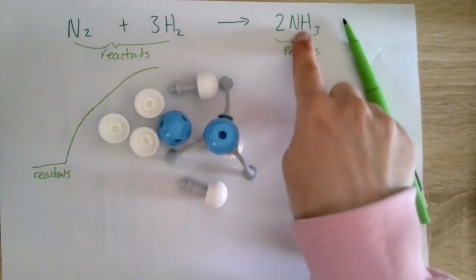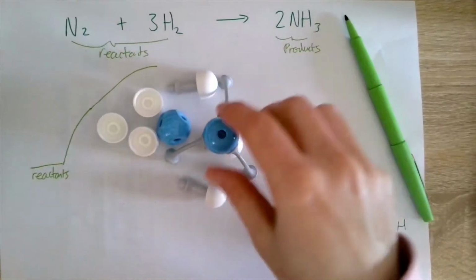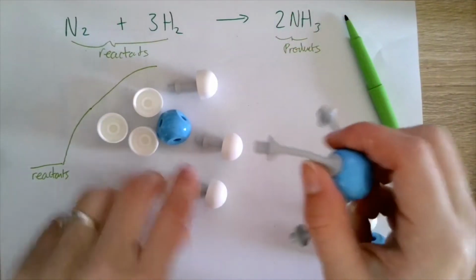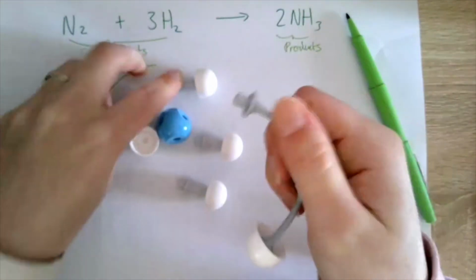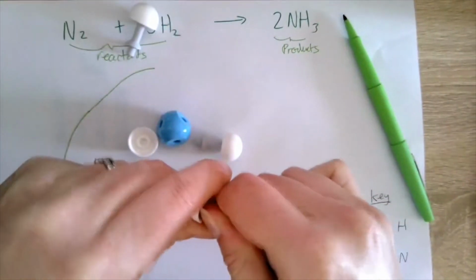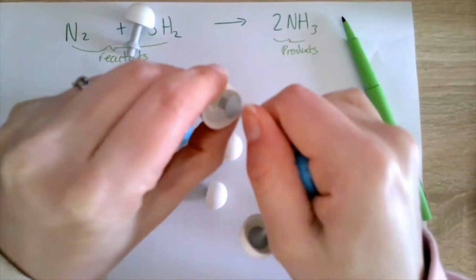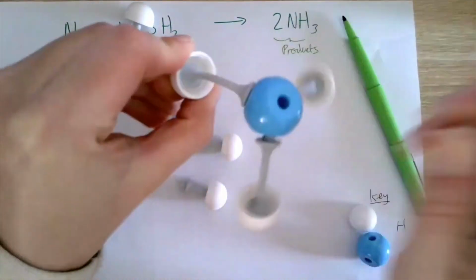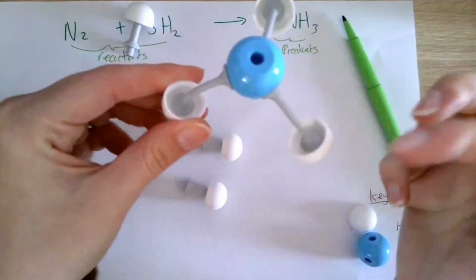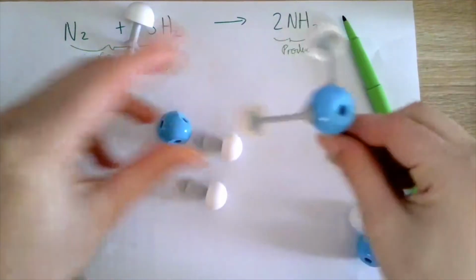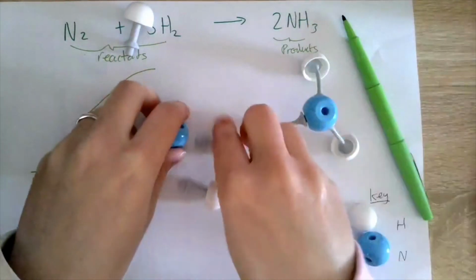So here each nitrogen is bonded to 3 hydrogens, so one nitrogen makes 1, 2, 3 nitrogen-hydrogen bonds. So in one molecule there are 3 nitrogen-hydrogen bonds, but we're making 2 molecules.